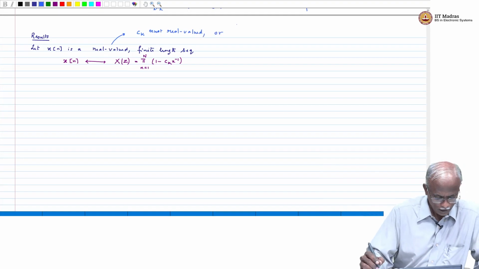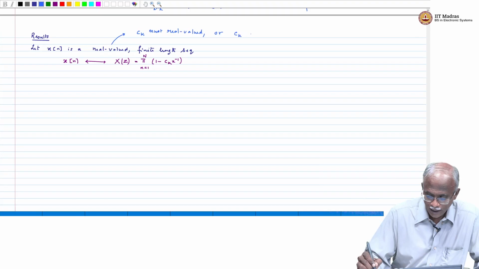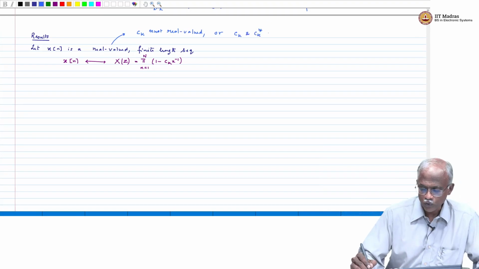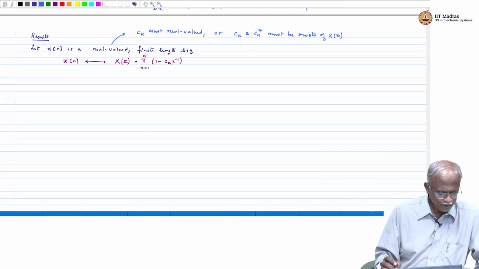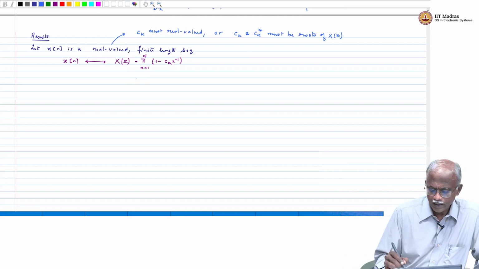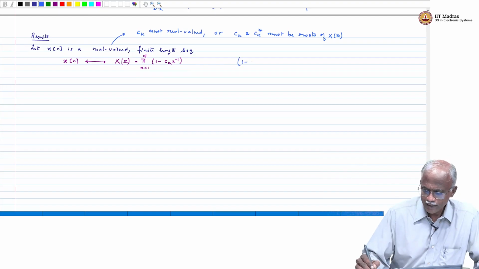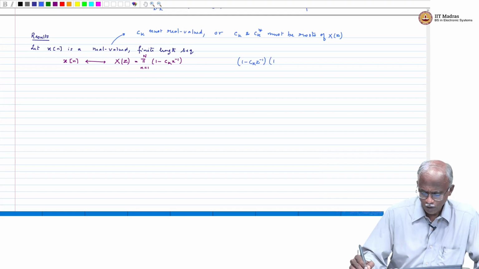Or ck and ck conjugate must be roots of X of z. Okay, why do we say that? Take the product of 1 minus ck z inverse, where ck is a complex number, and 1 minus ck conjugate z inverse, if that is also present, that is another zero.